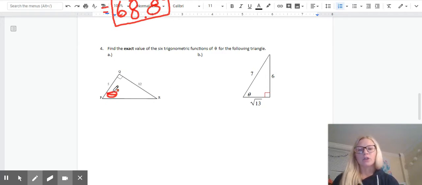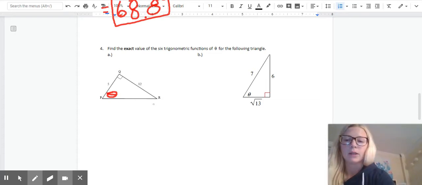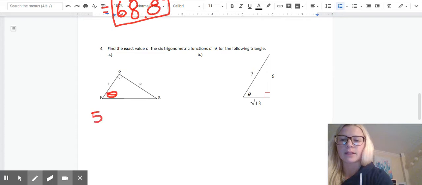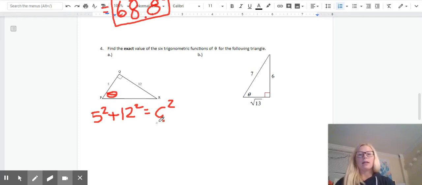Okay, so the first step here, we need to find the third side. To find the third side of a right triangle, we use the Pythagorean theorem. The Pythagorean theorem says a squared plus b squared equals c squared. My a in this case is 5, and my b in this case is 12. C is always the hypotenuse, the side across from the right angle, and that's the one we're looking for.